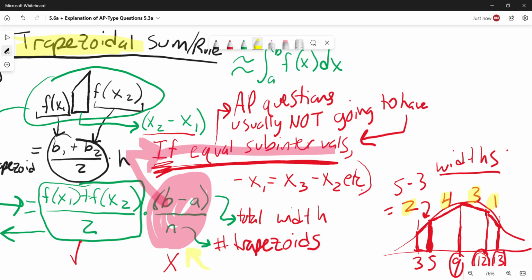So you would still take, like in these cases, and we're going to go over these. I think I have 2 examples on the AP worksheet that hopefully you were given or will be given today.